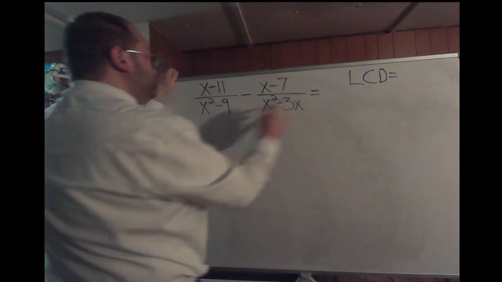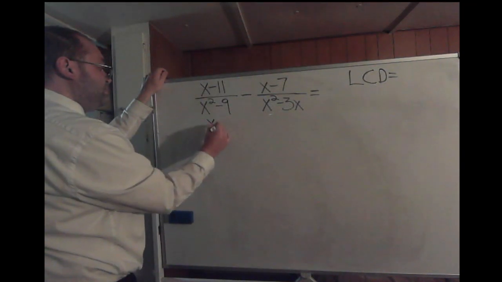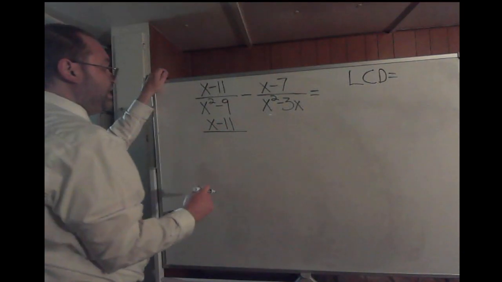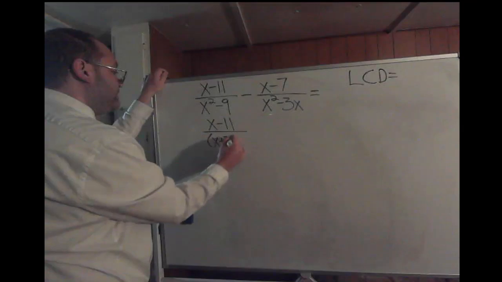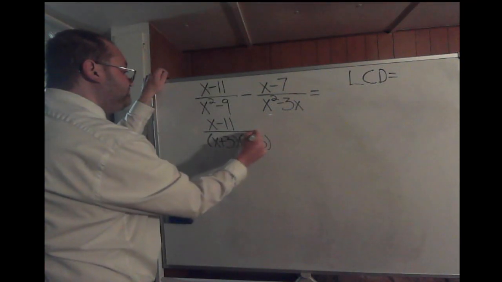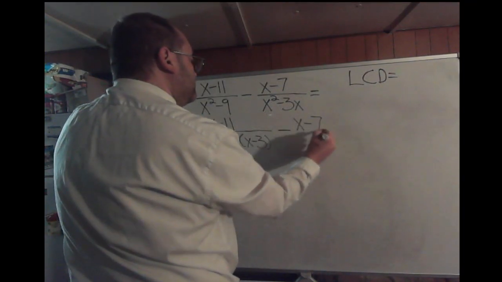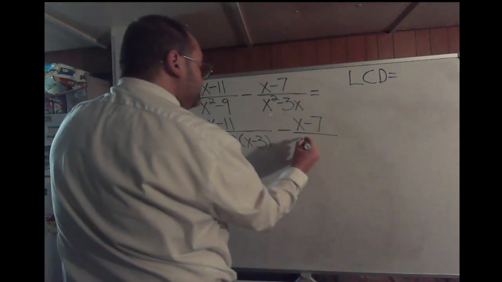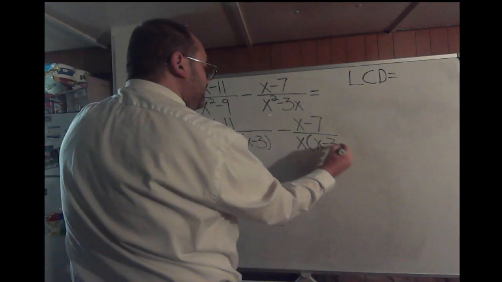First thing I would do, factor your denominators. Make your life easier. So you'll have x minus 11 over the factorization of x squared minus 9. That would be x plus 3 times x minus 3. Minus, you have x minus 7 all over the factorization of x squared minus 3x. That would give you x times x minus 3.